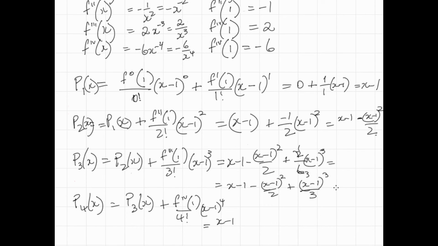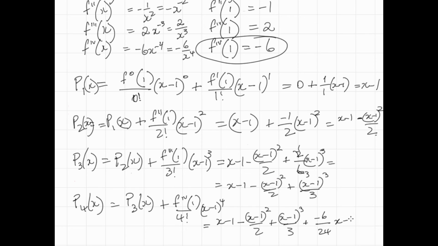So the third order is all of this, minus x minus 1 squared over 2 plus x minus 1 cubed over 3. Now, the fourth derivative at 1 is negative 6. So going back up here, this here is negative 6. So plus negative 6 over 4 factorial, which is 4 times 3 factorial. 3 factorial is 6, so that's 24. X minus 1 to the power of 4.